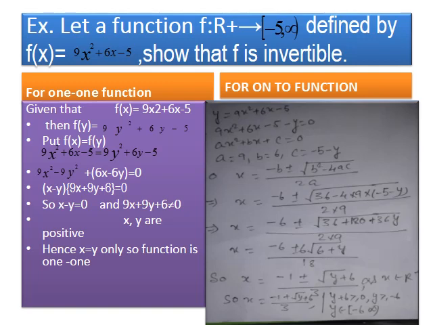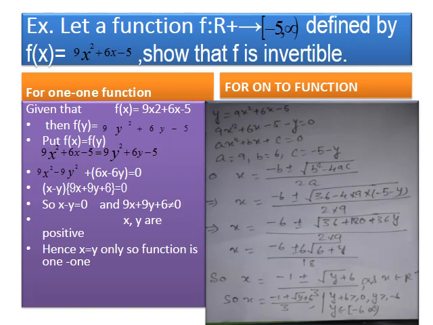Now we have to apply the Sridharacharya formula, which is minus b plus minus under root b square minus 4ac upon 2a. We have to put the values of a, b and c. So we get x equals minus 6 plus minus under root 36 minus 4 into 9 into (minus 5 minus y) whole upon 2 into 9. So we get x equals minus 6 plus minus under root 36 plus 180 plus 36y whole upon 2 into 9.